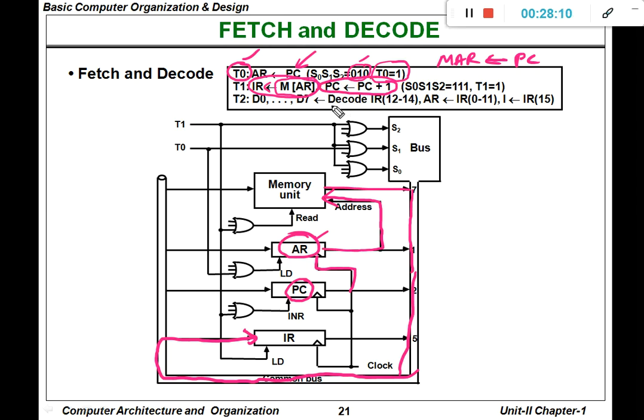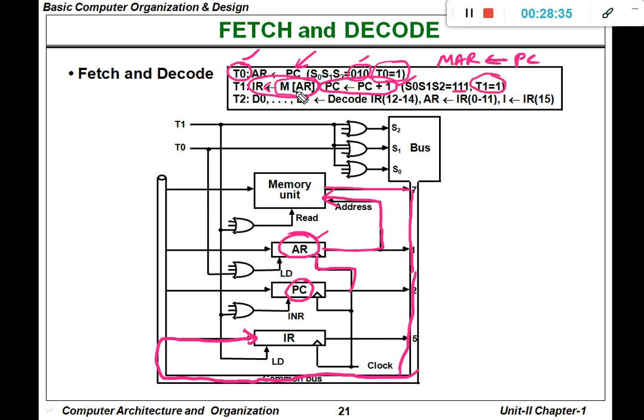So in addition to accessing the content from the memory and assigning it to the instruction register, we need to increment the program counter also. For this memory read operation, what is the value for the selection inputs? We have already seen in the previous classes, 1, 1, 1. And when should it be performed?